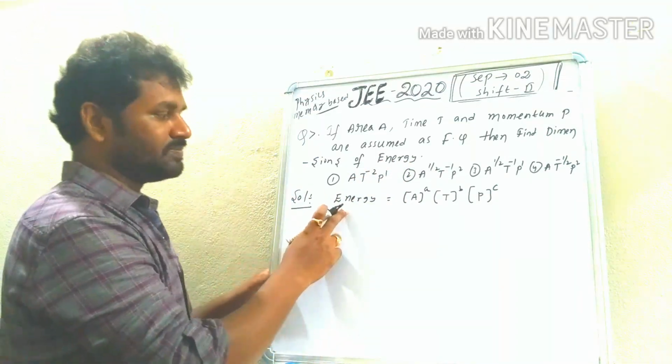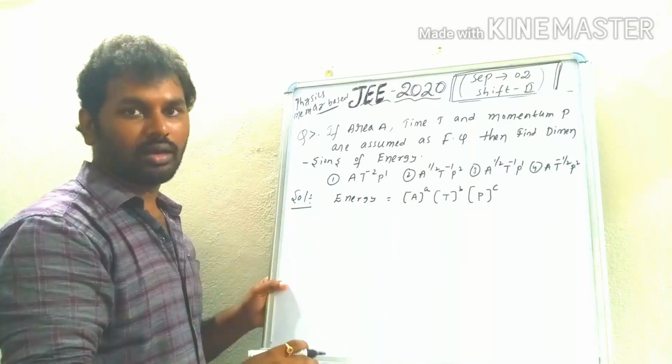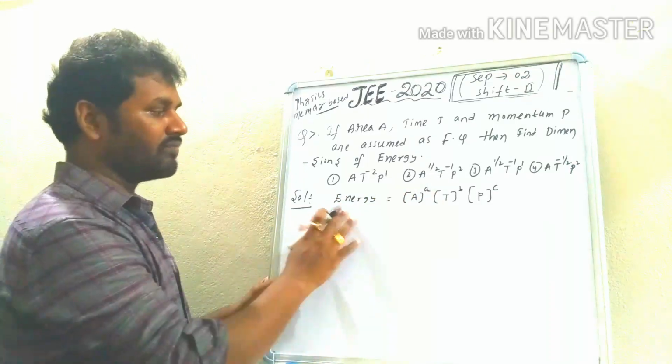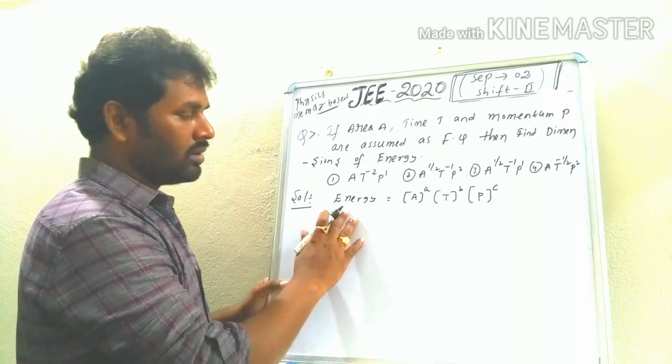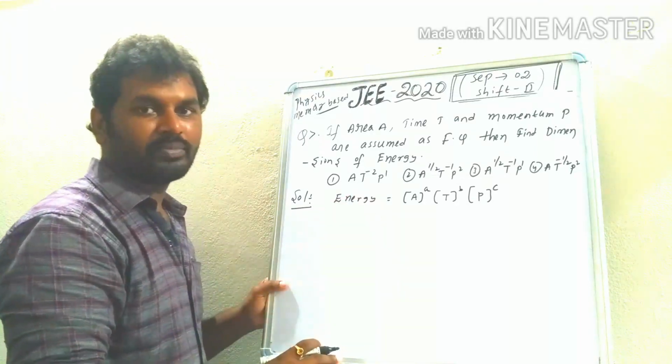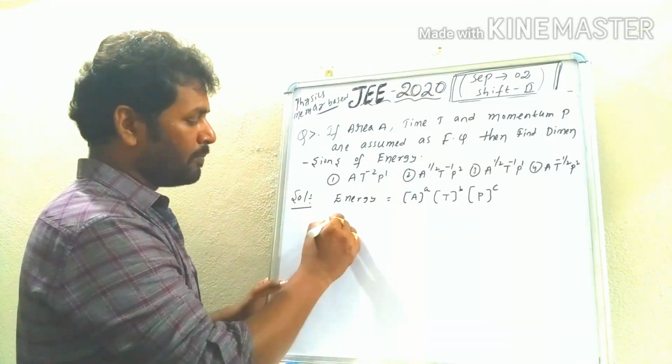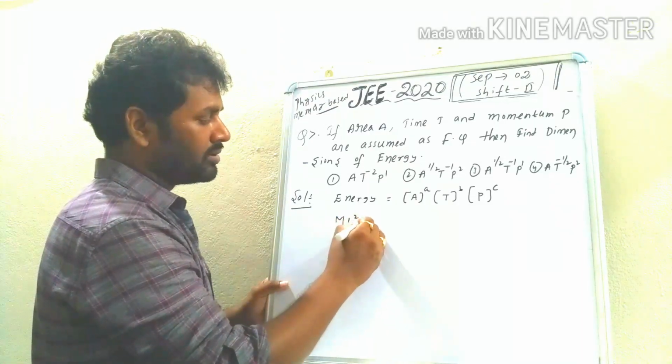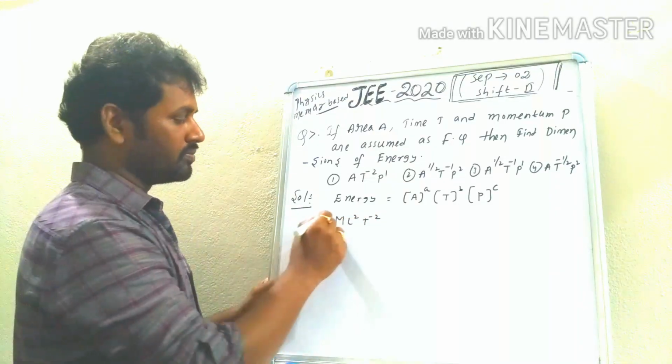So let us start with the dimensions of all the physical quantities here. The first is energy. What is the dimensional formula? Yes, it is M L square T power minus 2.